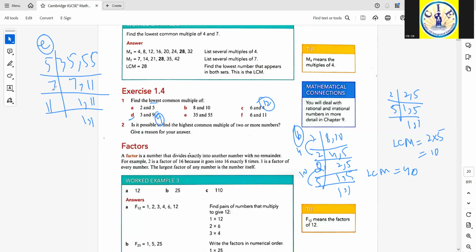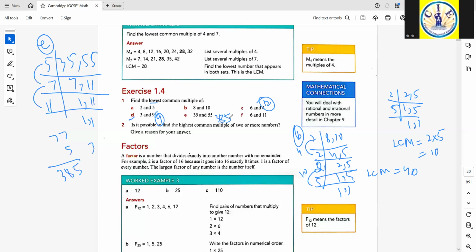So you can do it in either of the ways. 11 sevens are 77. 77 times 5. 5 sevens are 35, and 35 times 11 gives 385.